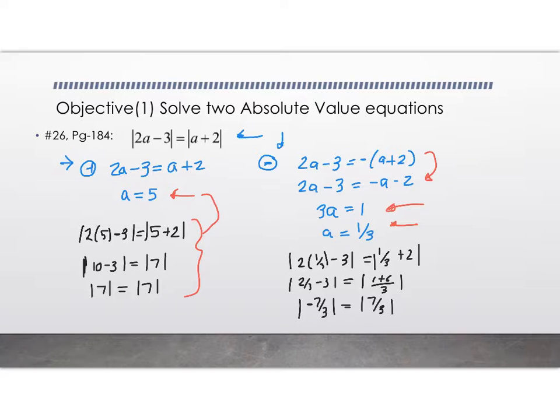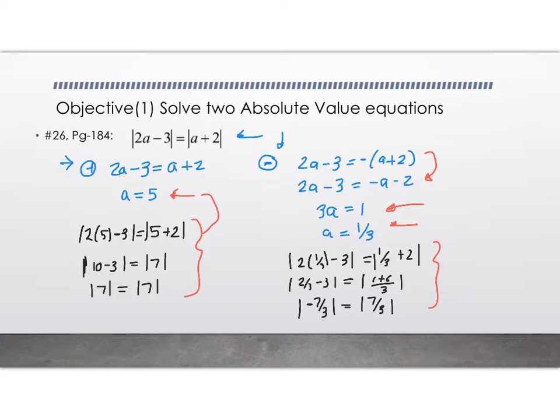So we put 5 in: the absolute value of 2 times 5 minus 3 is equal to the absolute value of 5 plus 2. The absolute value of 10 minus 3 is 7, and so the absolute value of 7 is equal to 7. We'll do the same thing for 1/3. We get the absolute value of 2 times 1/3 minus 3, and the absolute value of 1/3 plus 2.